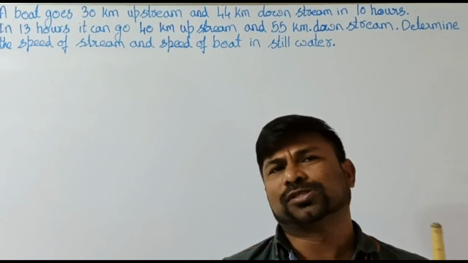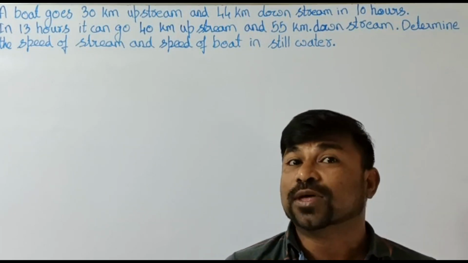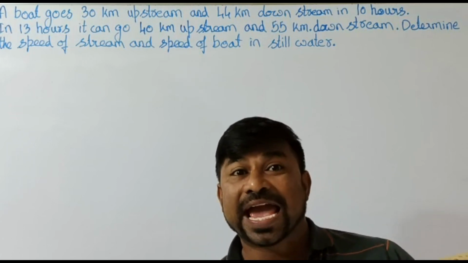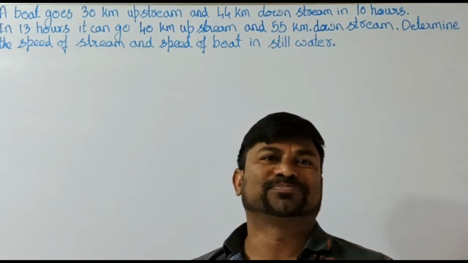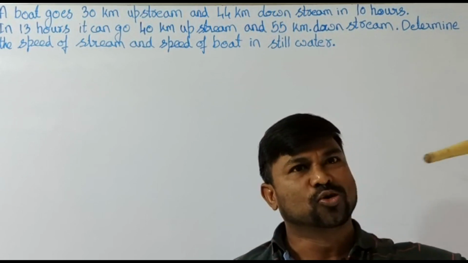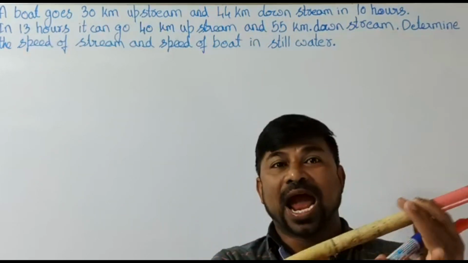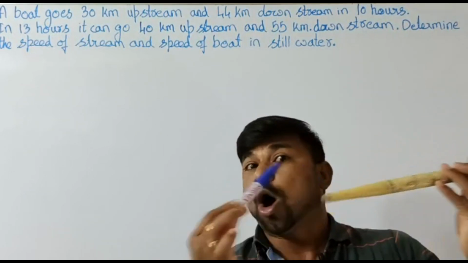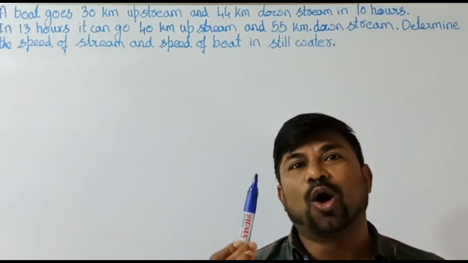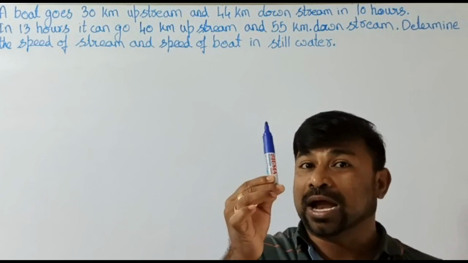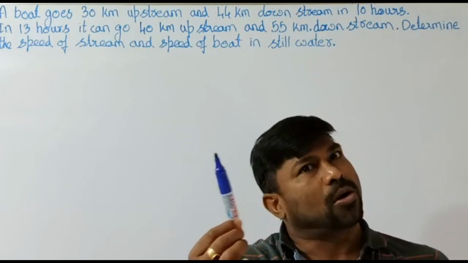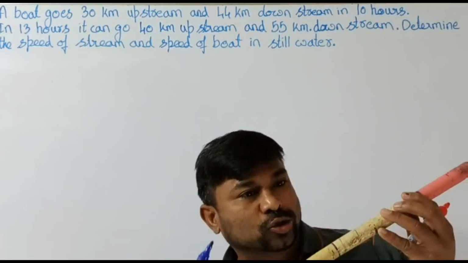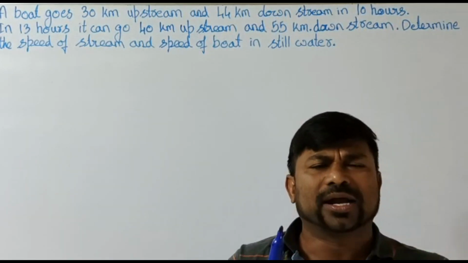What does upstream mean? If the water is moving in this direction, and the boat is going against that direction, obviously the boat has to move with more speed to travel against it.